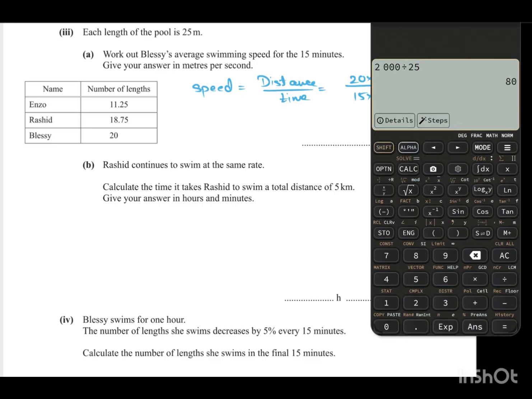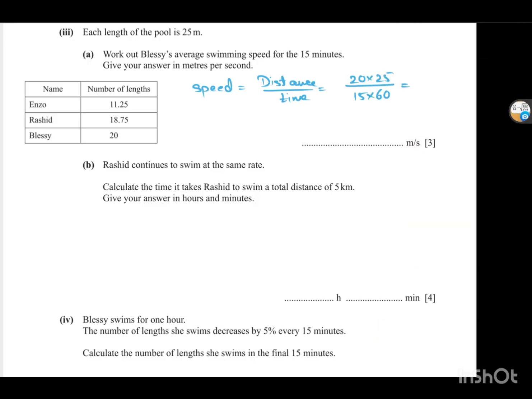So calculate it: 20 into 25 by 15 into 60 is 0.5555 and so on. So the answer is 0.5556. Let us put 3 decimal places, meters per second. So 0.556 meters per second.